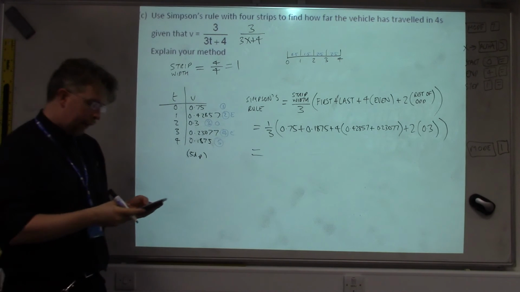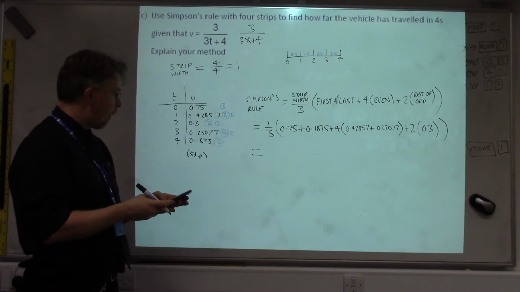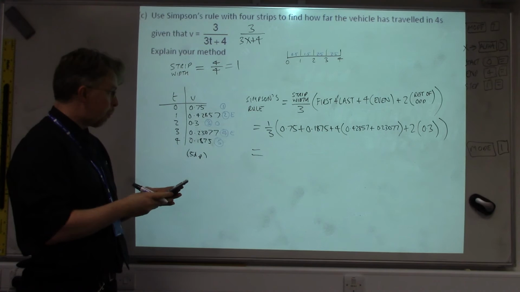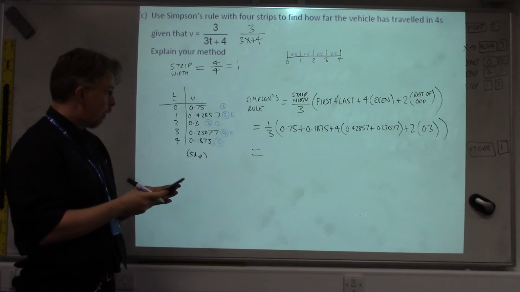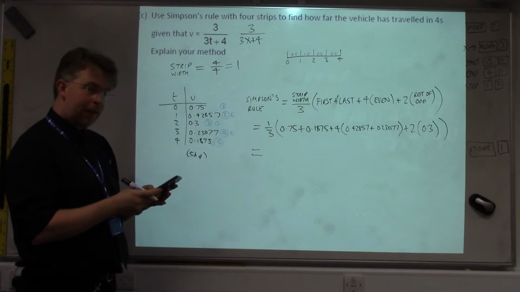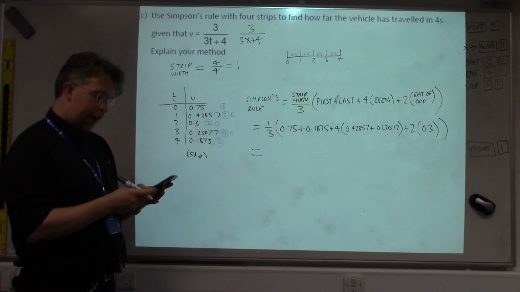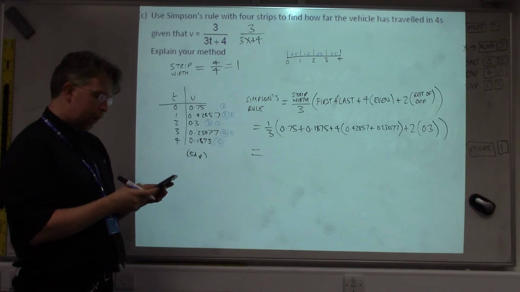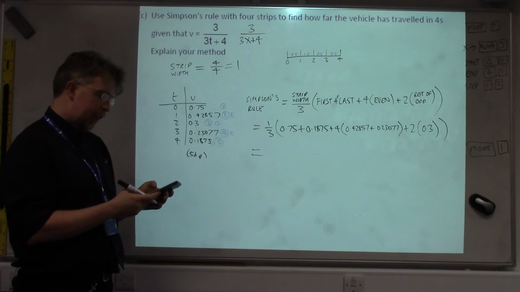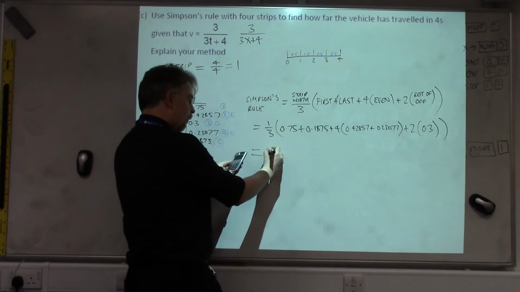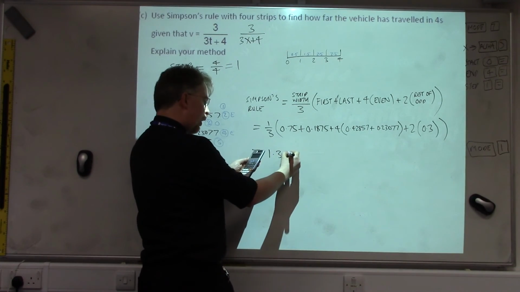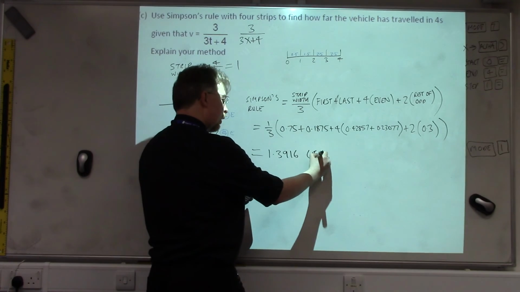Enter it all into the calculator: 1 over 3 open bracket 0.75 plus 0.1875 plus 4 times open bracket 0.42857 plus 0.23077 close bracket plus 2 times open bracket 0.3 close bracket equals, and to 4 decimal places, 1.3916.